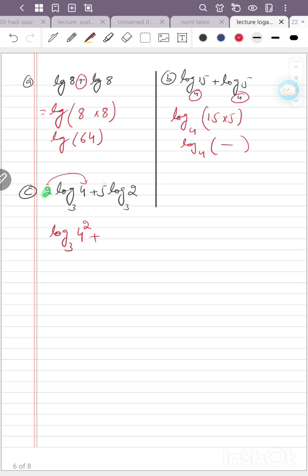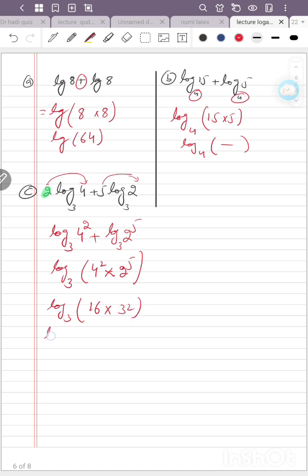Now here 5 is multiplied by the log, and this power shifts here, log base 3 of 2 to the power 5. Next step, we convert it into a single log. 4 power 2, plus means multiply, 2 power 5. So log base 3 of 4 power 2 is 16, and 2 power 5 is 32. So log base 3 of 16 multiplied by 32 will be 512. This is our required answer.